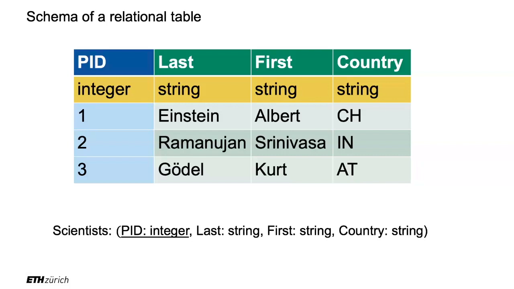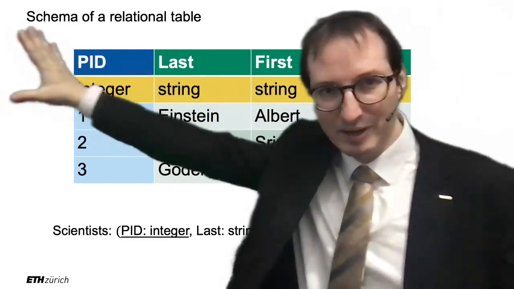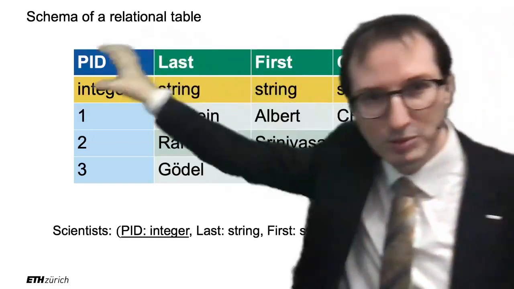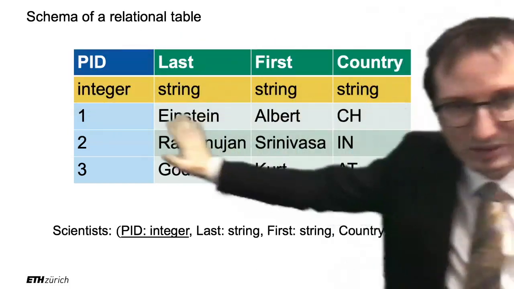And finally, atomic integrity means that the domains we have here are all atomic domains: integer, string, date, and so on. We will not have as a domain, for example, table, because we don't have a table in a table in a table. So what you will find a lot, what people do, especially in textbooks, is that the schema of a table, visually it looks like this, right? Where I have the names of the attributes here, and then I have the domains here, then the data.